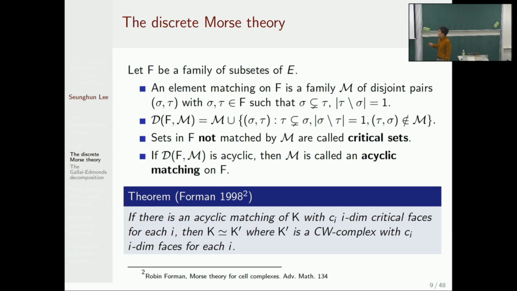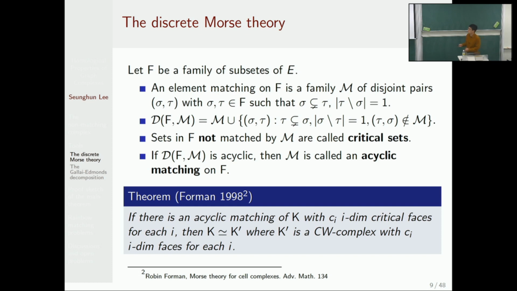Let F be a family of subsets of E. We call a matching on the family F a family M of disjoint pairs sigma, tau in F, such that sigma is a proper subset of tau and the size difference is just 1. As a directed edge, it heads from the smaller set to the larger set.